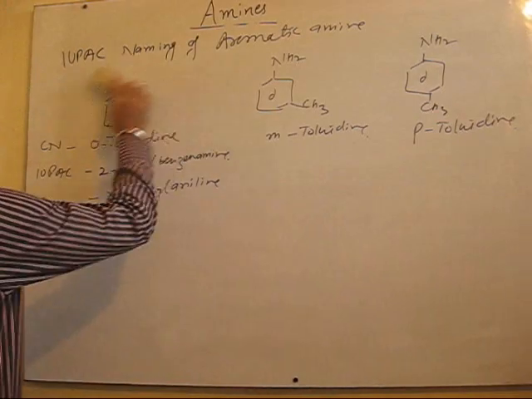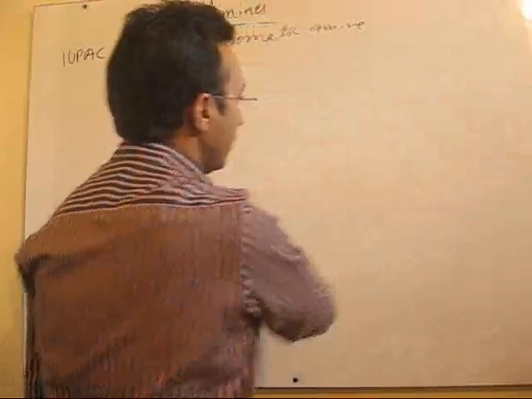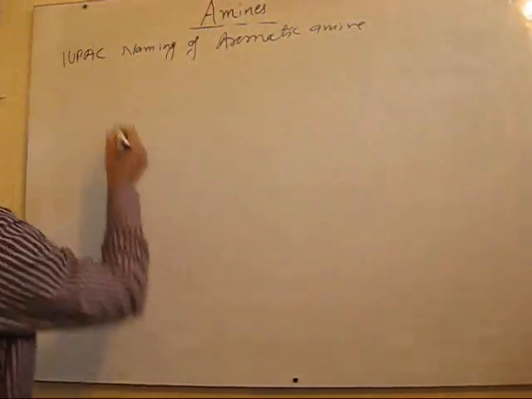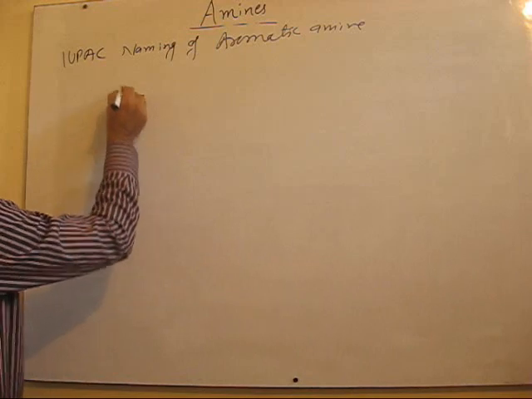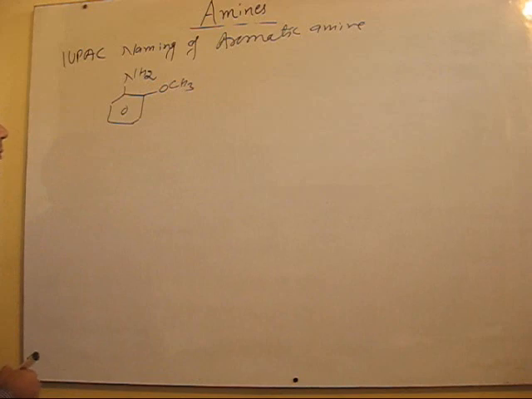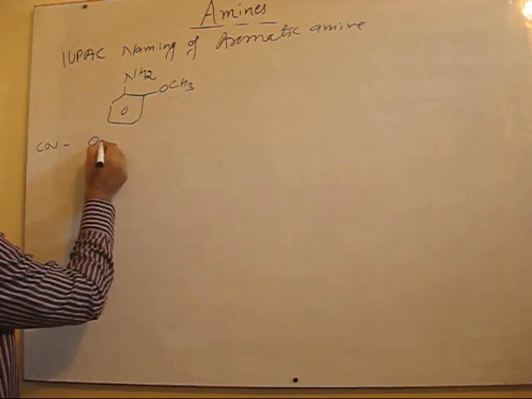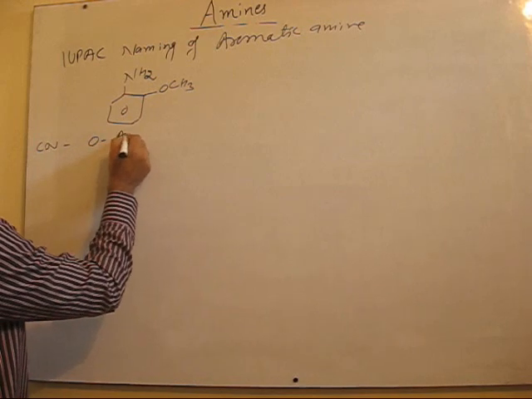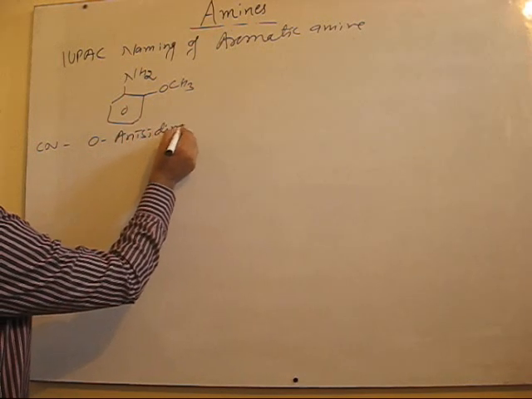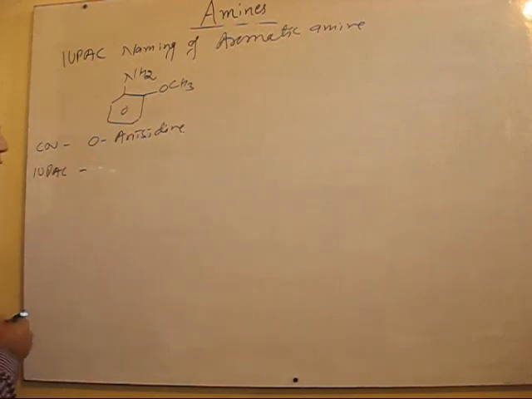So this is one. Then from examination point of view, one naming is usually asked. It is when it is substituted by methoxy group, fine. So the common name for this compound we have taken, it is at position ortho, it is ortho-anisidine is the common name, while IUPAC name is usually asked in exam.